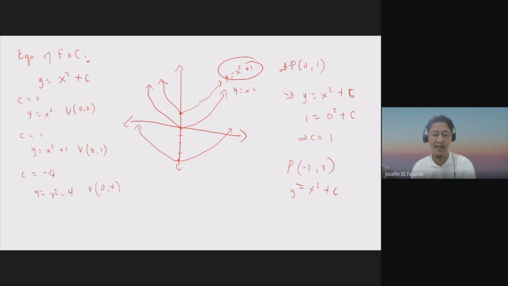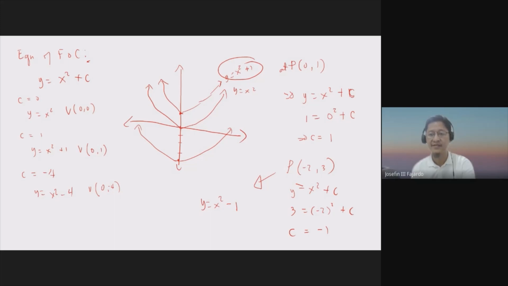So our y is 3 and our x is negative 2. So c here will be equal to what? 3 minus 4, which is negative 1, right? So the equation we are looking for, when the curve passes through this point, will be y equals x squared minus 1.